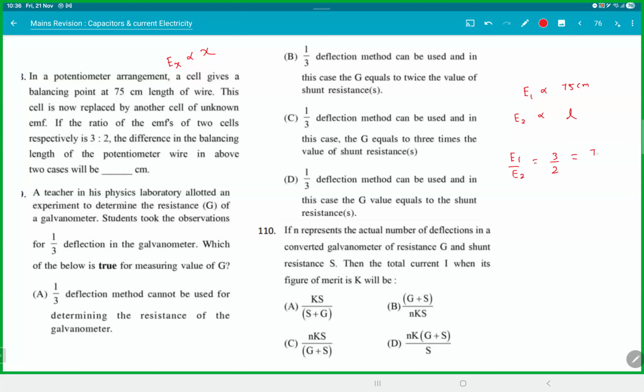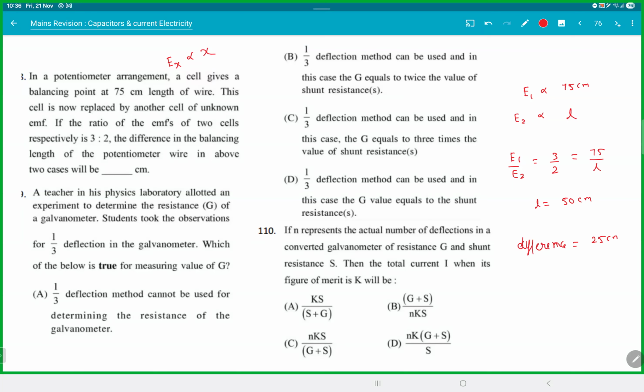So that will be 75 by L. So L will be 50 centimeters. He's asking the difference in length. So that is 75 minus 50. So difference will be 25 centimeters. Is that clear? Easy? But you should know that E is proportional to X. If you don't remember, then it will take time.